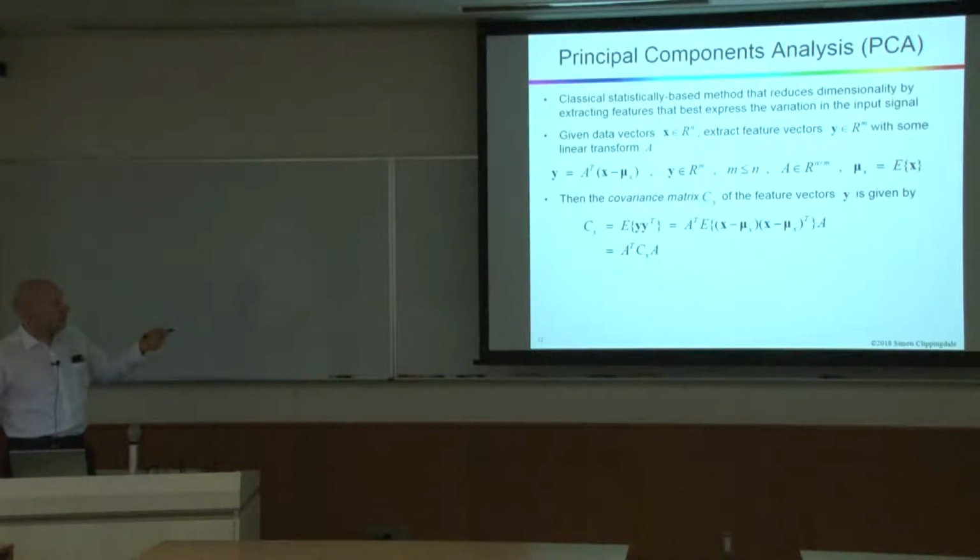Anyhow, a covariance matrix briefly is an average value of this thing, which is an outer product of y with itself. What that says is it measures or expresses how much each element of this vector y varies with each other element of y, or covaries.